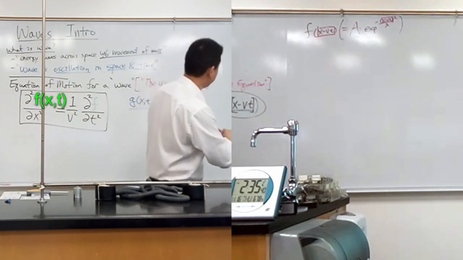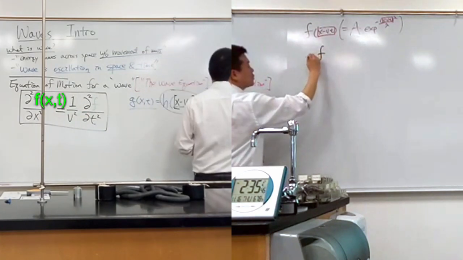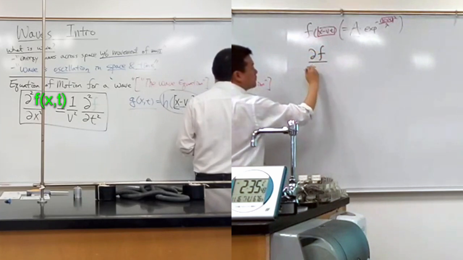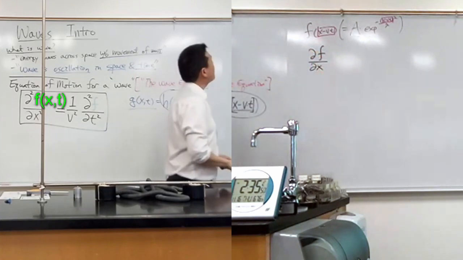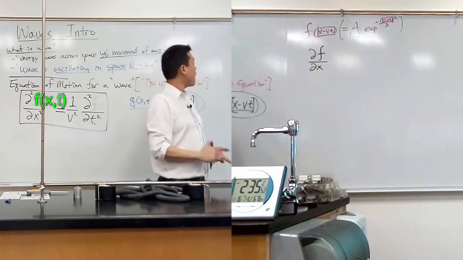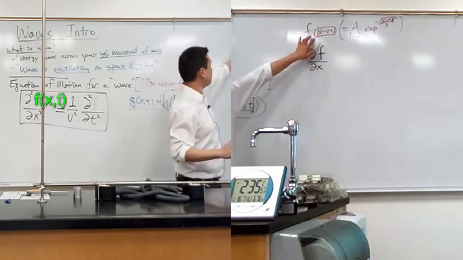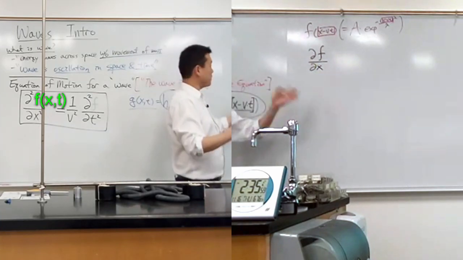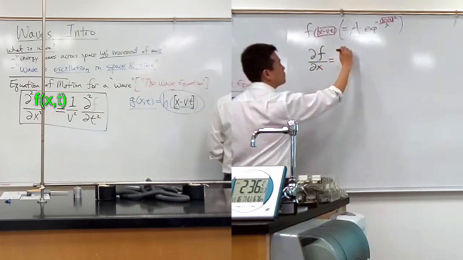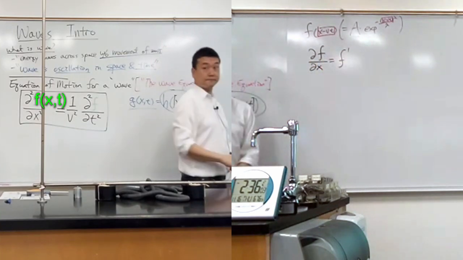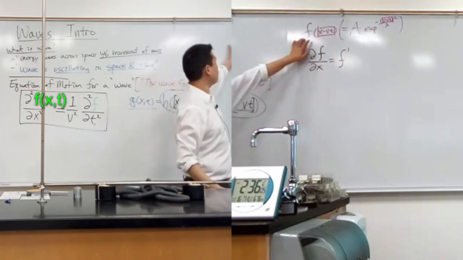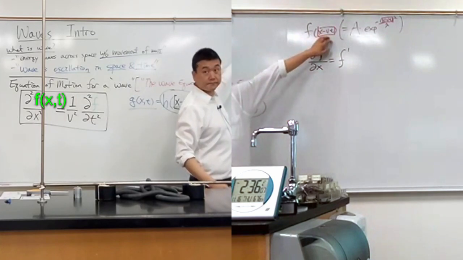So I need to evaluate the partial derivative of f with respect to x. This is where I will need to use the chain rule. So I take the derivative of the outside. That's going to be something, I don't know what. Let me just call that f prime. And then I have to take the derivative of the inside.